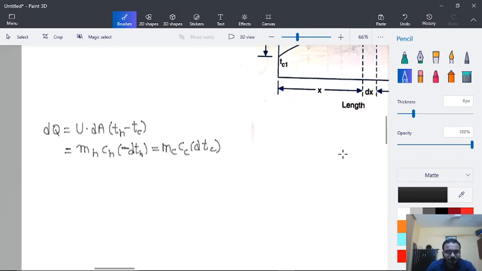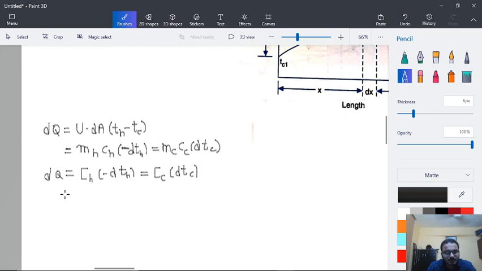So now, instead of MHCH, we can write down the capacity rate of hot fluid, that is capital CH into minus dTH is equal to CC into dTC. That is the value of dq.